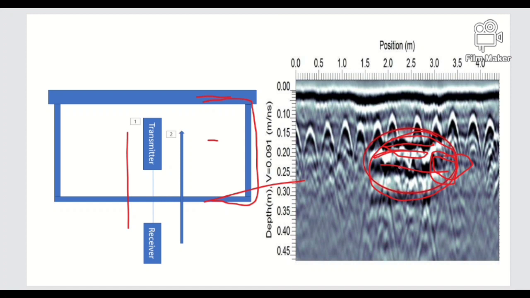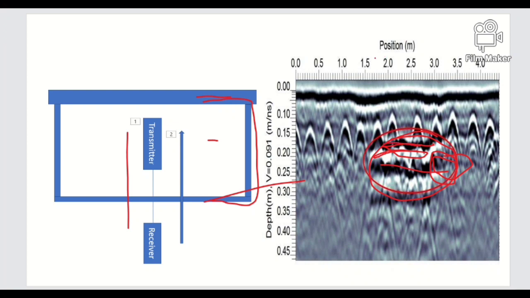So we have to be alert at this time. We also have to notice this when the GPR goes through any building or any shed. This image we can also determine through the length.